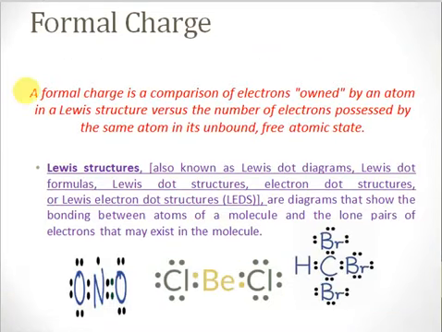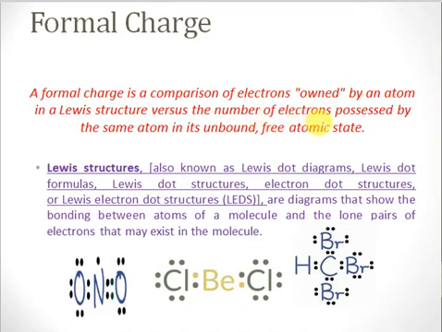So if we have to define a formal charge, what is a formal charge? Formal charge is a comparison of the electrons owned by an atom in a Lewis structure versus the number of electrons possessed by the same atom in its free state.